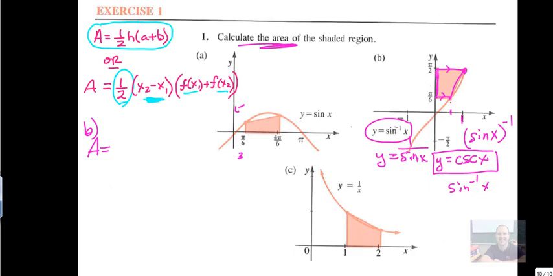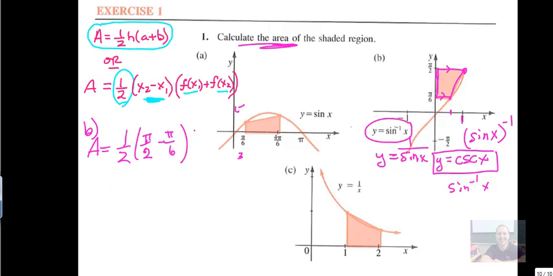So that might help to find these x values here. The area is going to be, I'm tilting my head here, looking at this sideways, 1/2 times the height, which is pi over 2 minus pi over 6 for this height here.